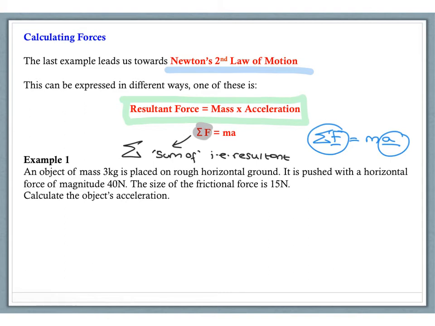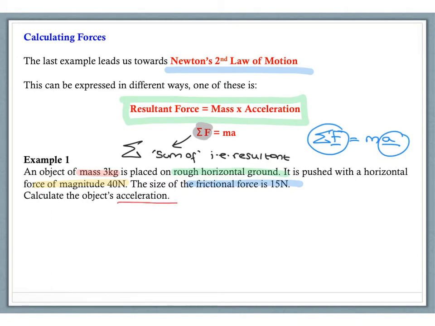An object of mass 3 kilograms is placed on rough horizontal ground. It is pushed with a horizontal force of magnitude 40 newtons, and the size of the frictional force is 15 newtons. Calculate the object's acceleration.